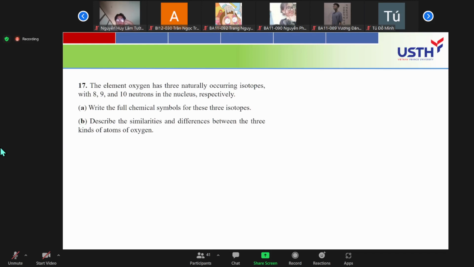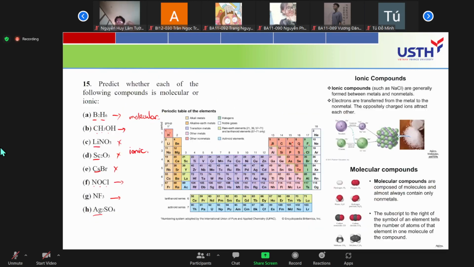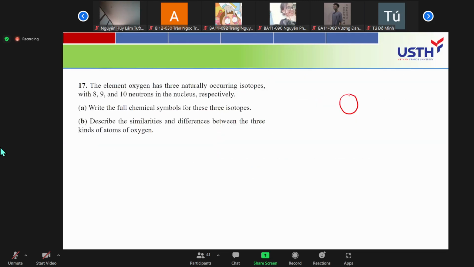Firstly, for oxygen, the chemical symbol is O, right? From the periodic table, you know oxygen has the atomic number 8, so normally you write 8 in this position.